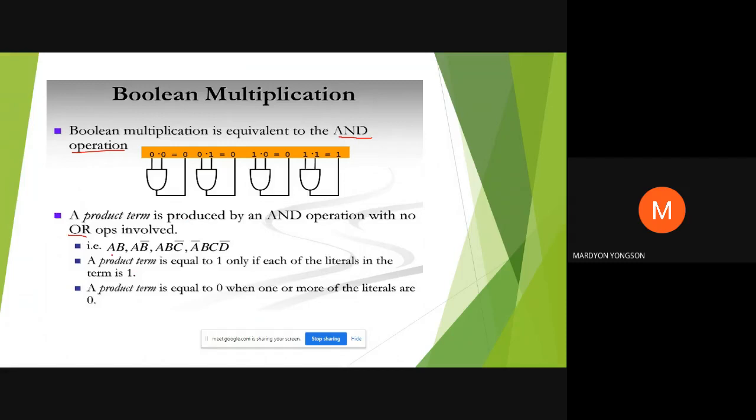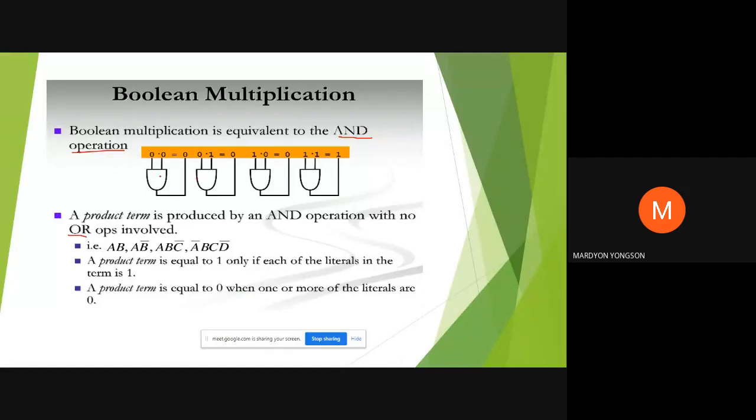So dito, we have A times B, A times complement B, A times B times complement C. We have complement A times B times C times complement D. And then the product term is equal to 1 only if each of the literals in the term is 1. A product term is equal to 0 when one or more of the literals are 0.